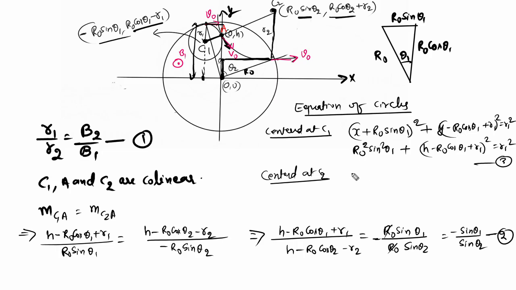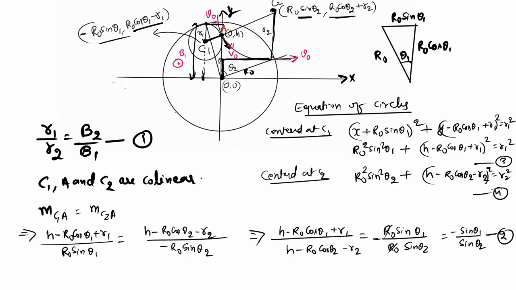If I do the same kind of thing, we will get R0 squared sine squared theta 2 plus H minus R0 cos theta 2 minus R2, whole squared, is equal to R2 squared. Very good. So we got this third and fourth and second.